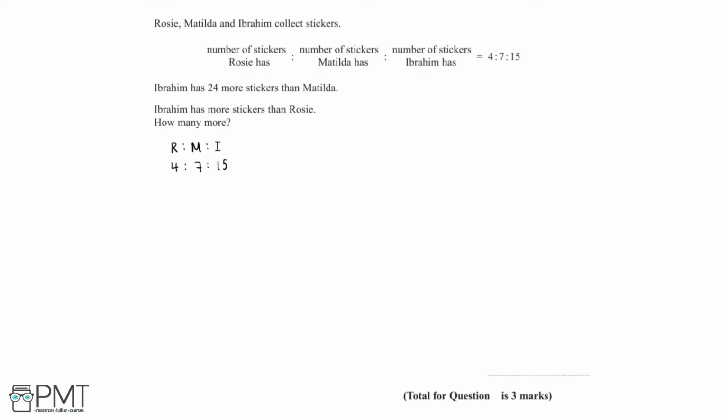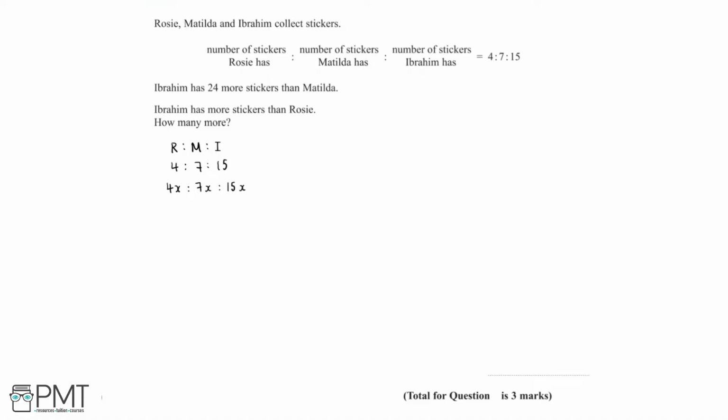Now we know that the ratio of the number of stickers Rosie has to the number of stickers that Matilda has to the number of stickers that Ibrahim has is equal to 4 to 7 to 15. Now all ratios can be expressed algebraically, and so this ratio of 4 to 7 to 15 is equivalent to 4x to 7x to 15x, because 4 to 7 to 15 is just the simplified version.